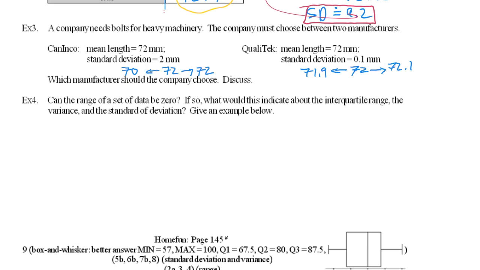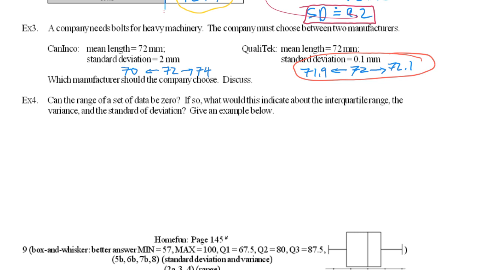And I would choose this part because there is less of a change between its lowest millimeter and its highest millimeter. In this case, it's 72.1 and lowest 71.9, but this one goes from 72 to, 72 plus 2 is 74. So I'm not going to go with this guy that has such a huge change in millimeters. But this one, I can guarantee I'm going to have a really good experience.